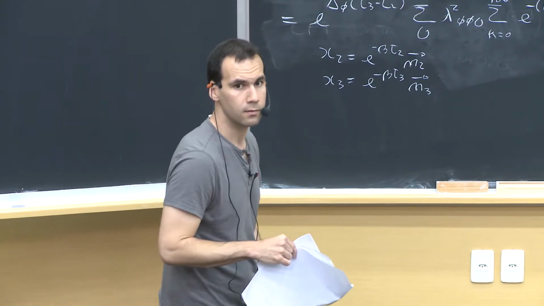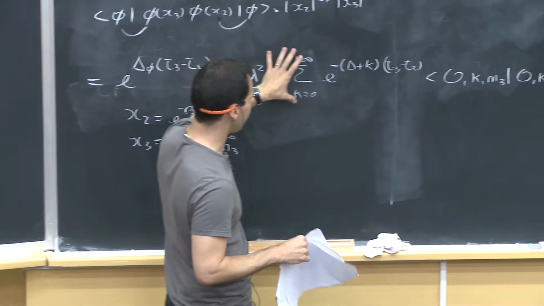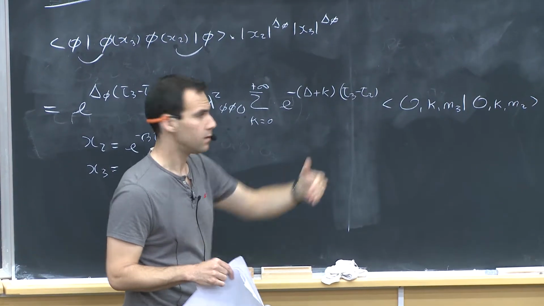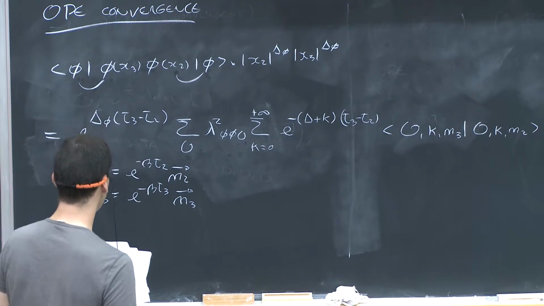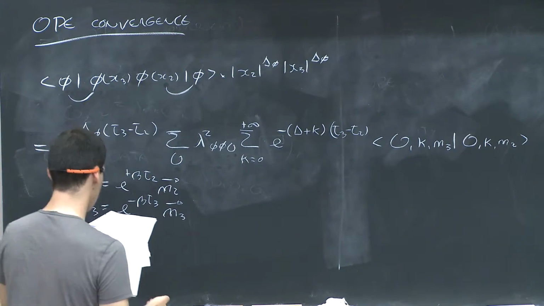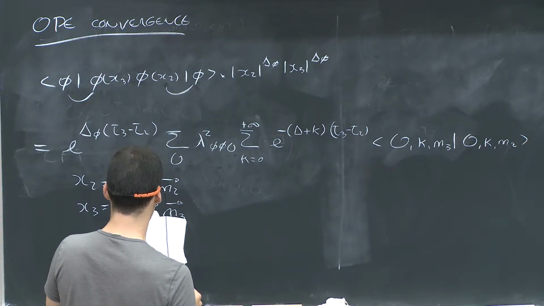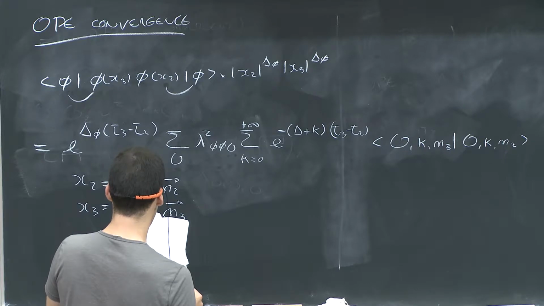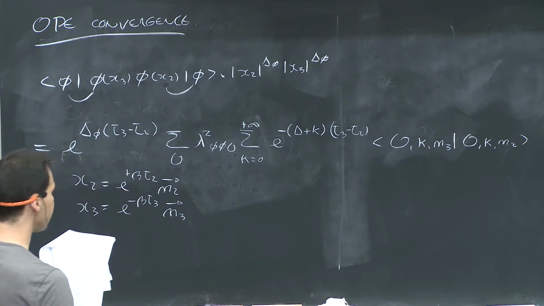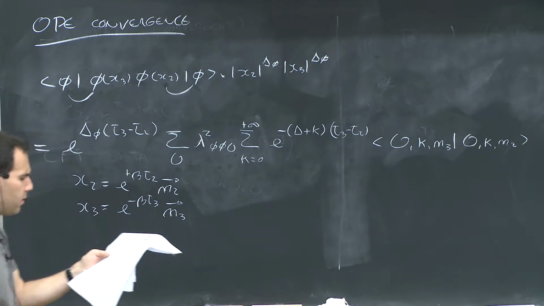Yes, that's right. So here I'm only looking at the sum over the level of the descendants. Okay? Again, these are just some matrix elements, as I said, that arise from contractions of terms on the same level.